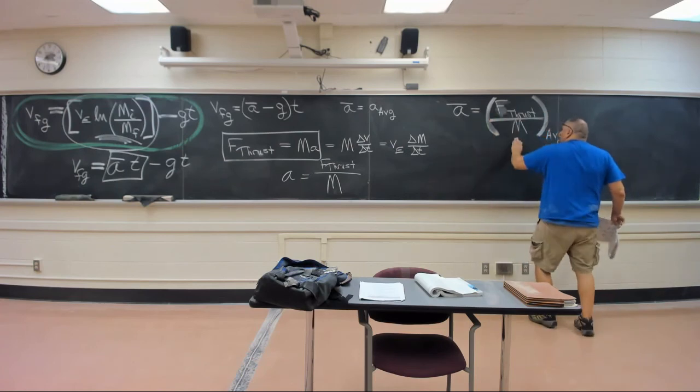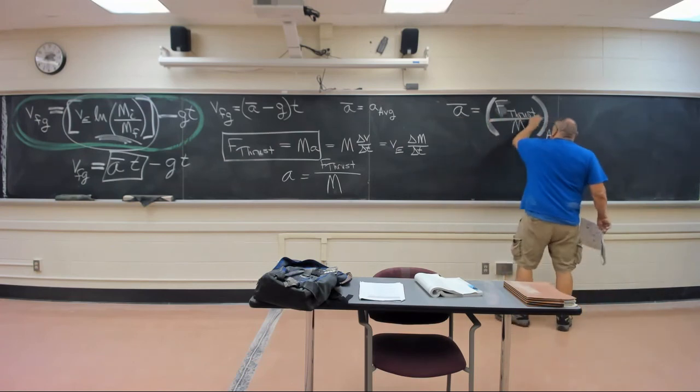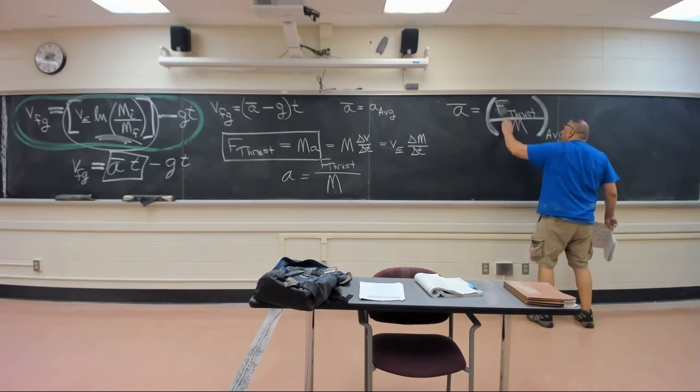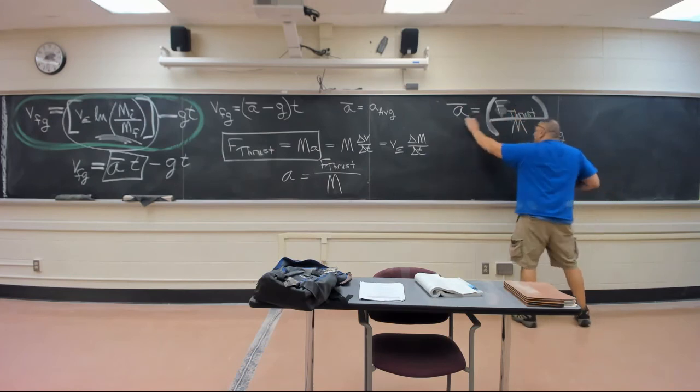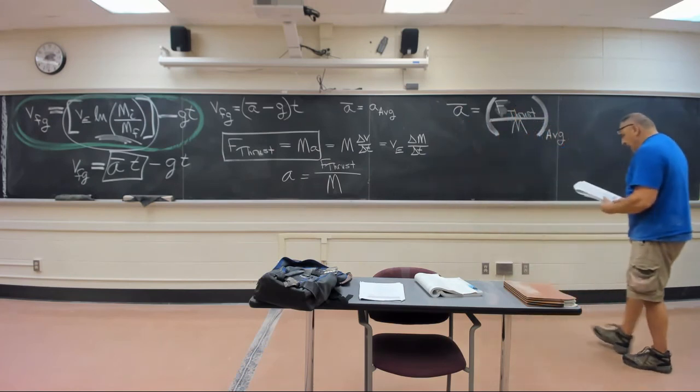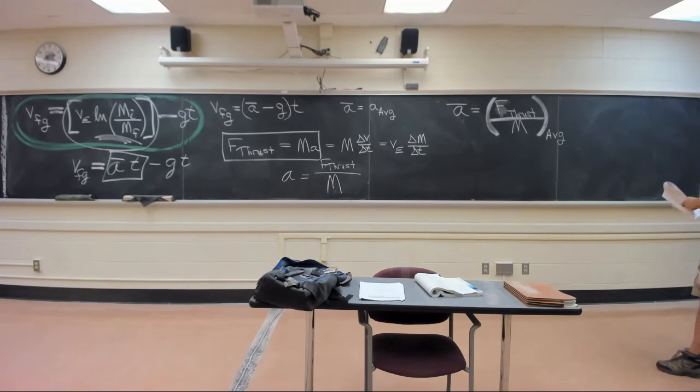This is a variable quantity. If I somehow get an average of this variable quantity, I'll have the average acceleration.